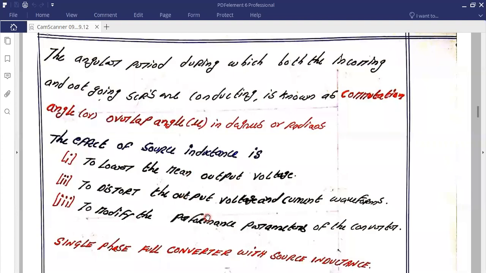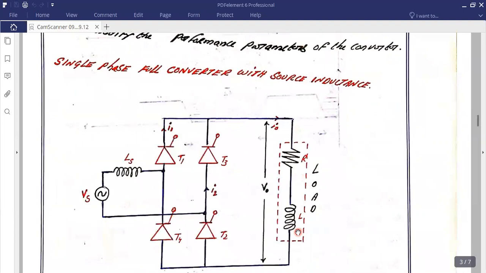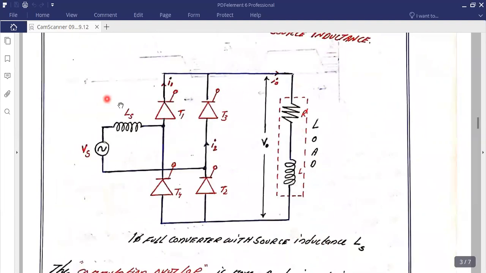Second one, distortion in the output voltage and current waveforms. Third one, performance parameters of the converters are going to be reduced. Okay, then simply copy this circuit with the inductance provided as source inductance Ls.